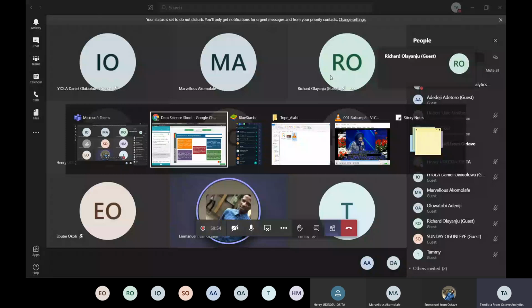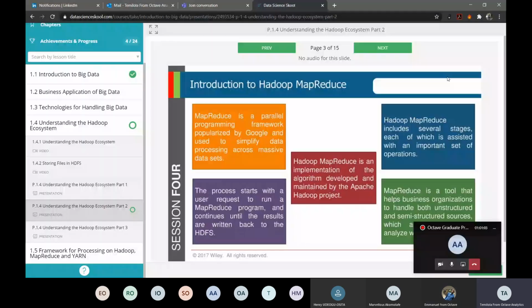So the second major component of the Hadoop ecosystem that we'll be looking at is MapReduce. As the name implies, it was gotten from the MapReduce algorithm. I want you guys to see MapReduce as an engine, because that's exactly how it works. You provide a file to it, it processes it, and gives you the answer you need.